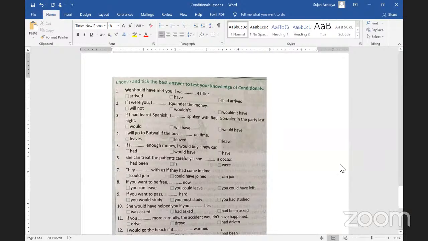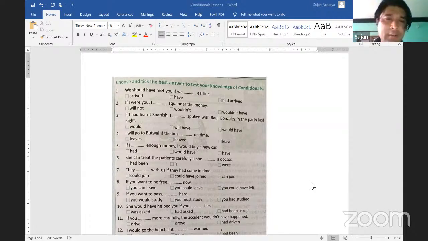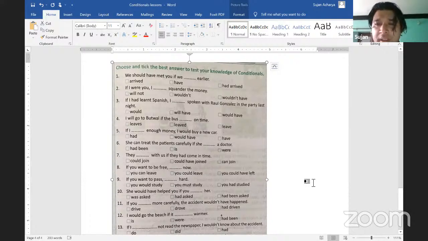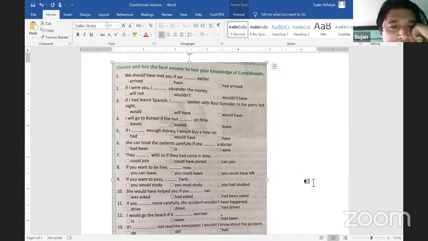The questions related to yesterday's lesson. The questions from 1 and all these are related to yesterday's lesson. Answer from question number 1 to 5.